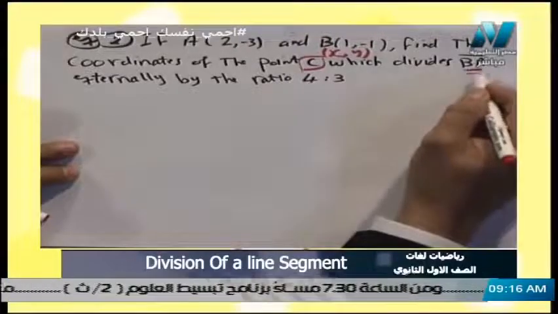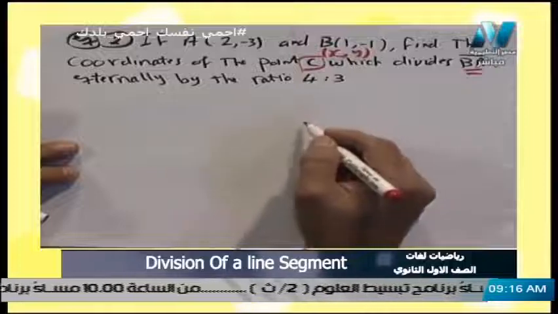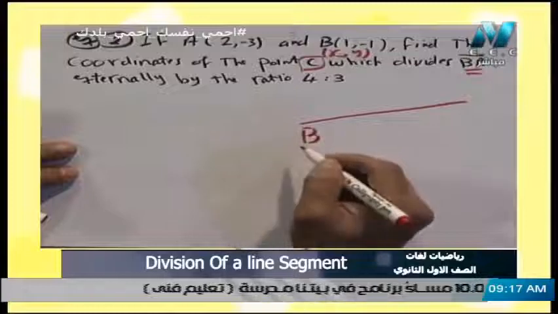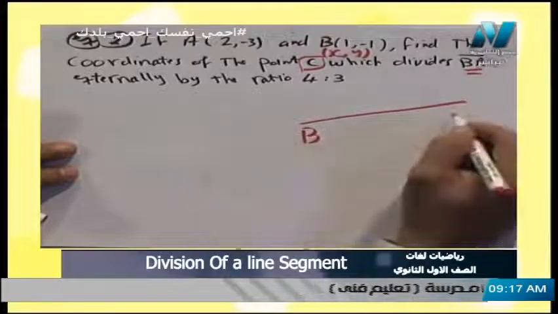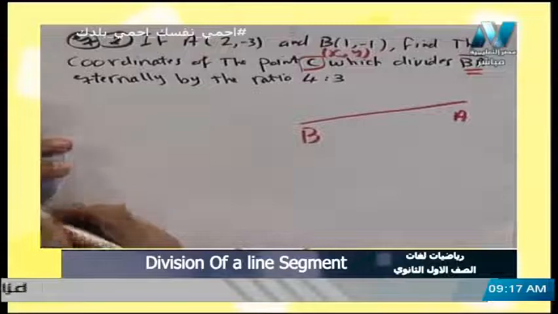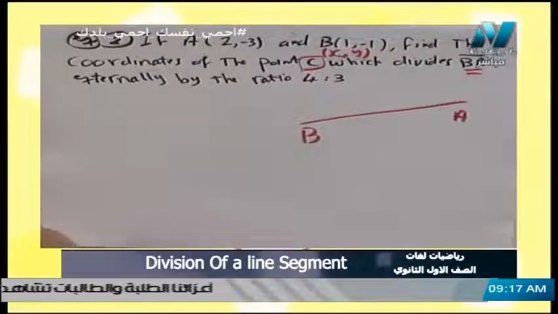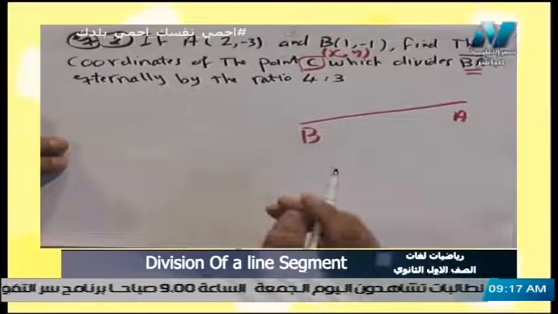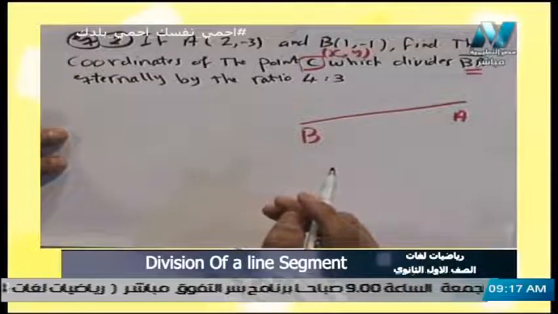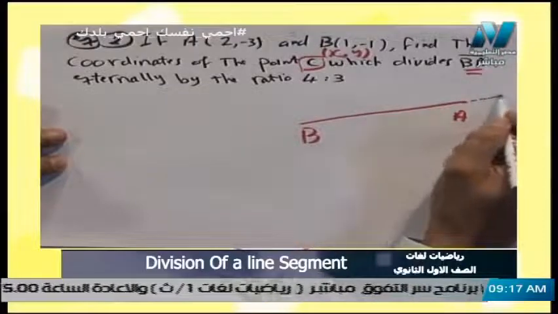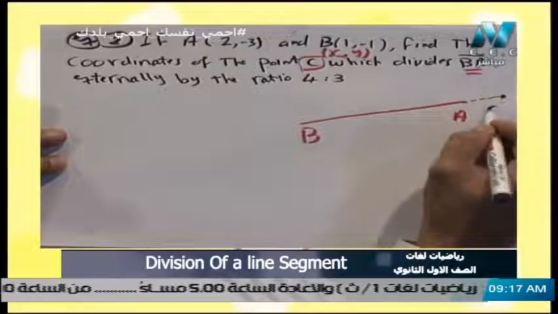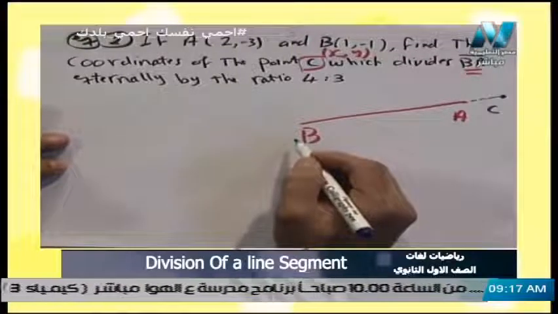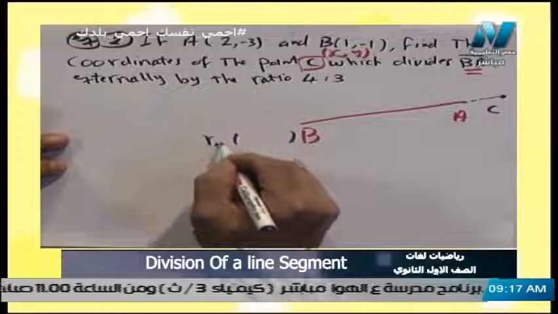We have here BA and not AB. So I advise you to draw here a line segment starting from B, on the left, and A, on the right. Okay, then after that, we have C divide them externally here, so we can put C outside, beyond A. Okay, so we have B, which is here R1.